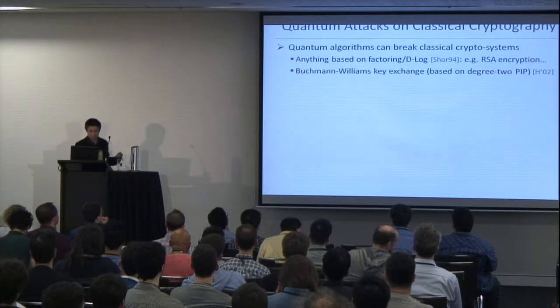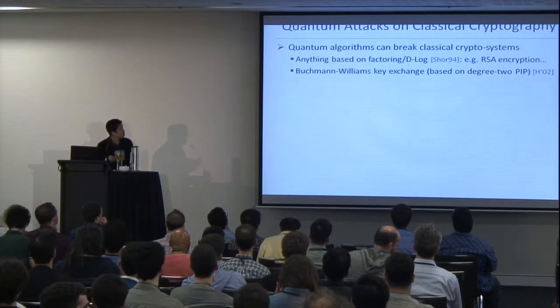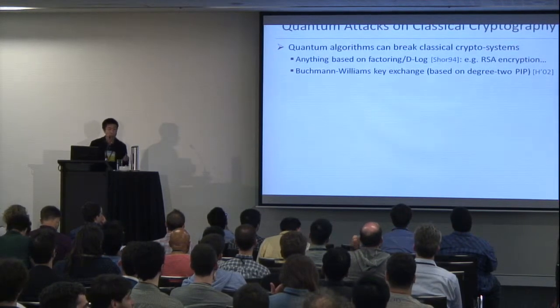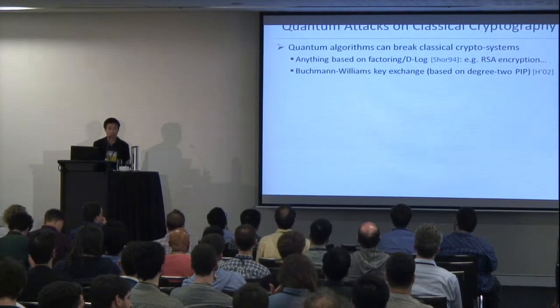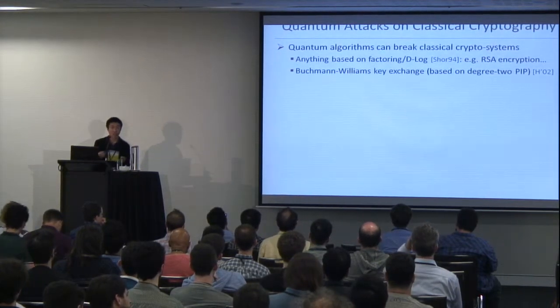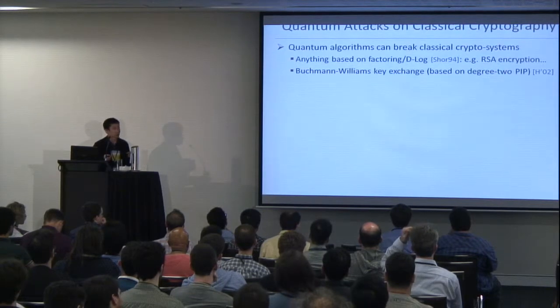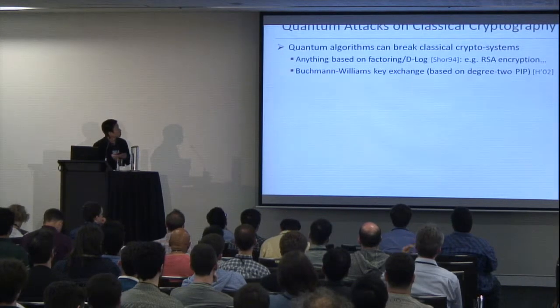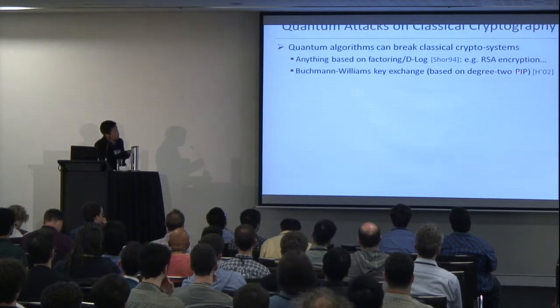And we know that Shor's quantum algorithm breaks many classical crypto systems. For example, the RSA encryption scheme, which we use every day. And it may be less well known, but Hallgren's algorithm for degree 2 principal ideal problem breaks a key exchange protocol.